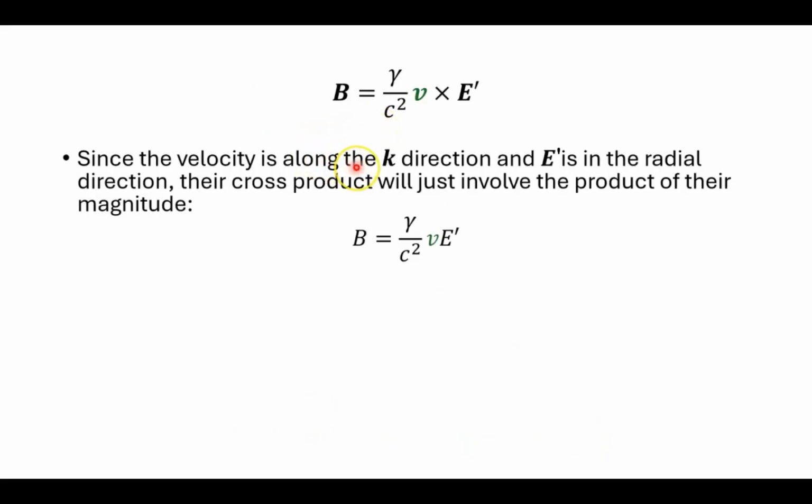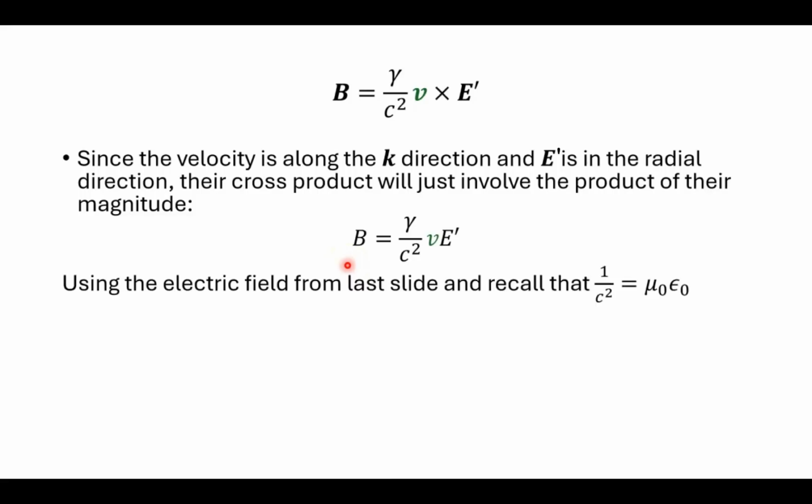Since the velocity is along the k direction, the direction of the wire moving to the right, and the E we just found is in the radial direction only, they are perpendicular, and their cross product will be maximized, just involving the product of their magnitudes. So to know the magnitude, we have this equation. We are not caring about the direction now because we can always find the direction from the right hand rule.